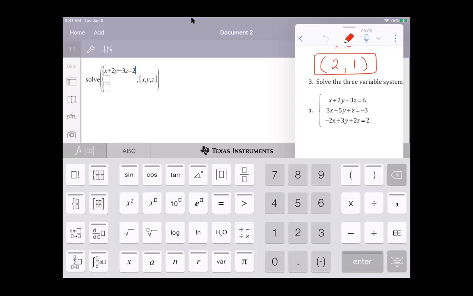Is equal to 6. Okay, so I just wrote that top equation: x plus 2y minus 3z is equal to 6. Our second equation, 3x minus 5y plus z is equal to negative 3.